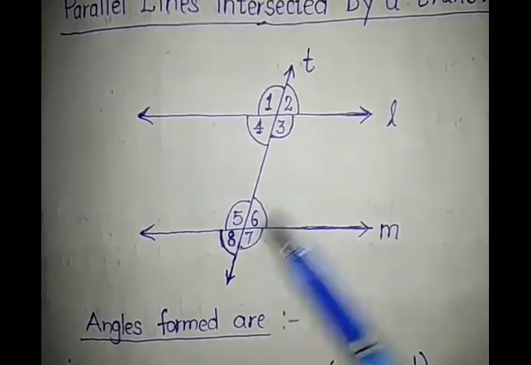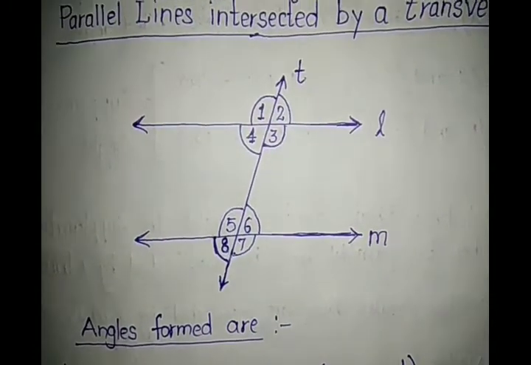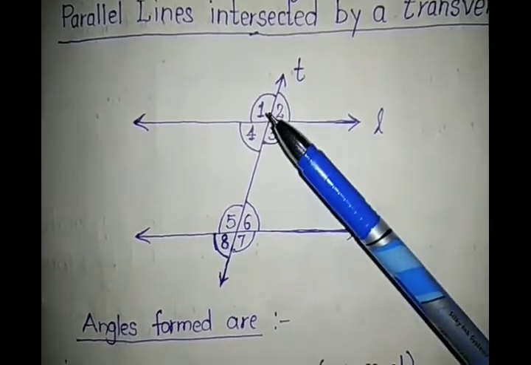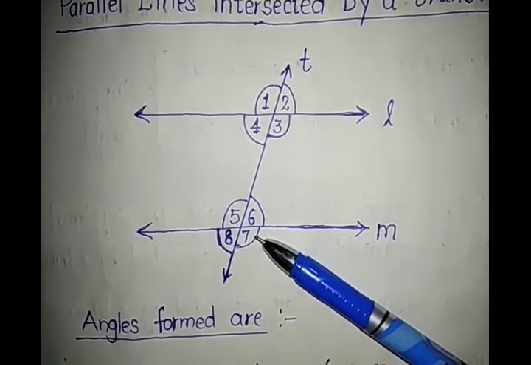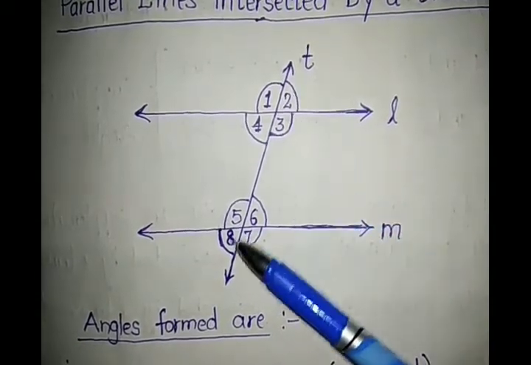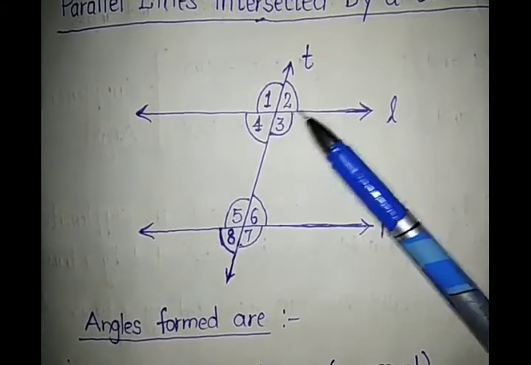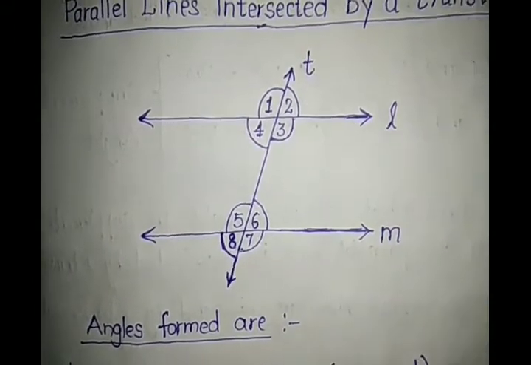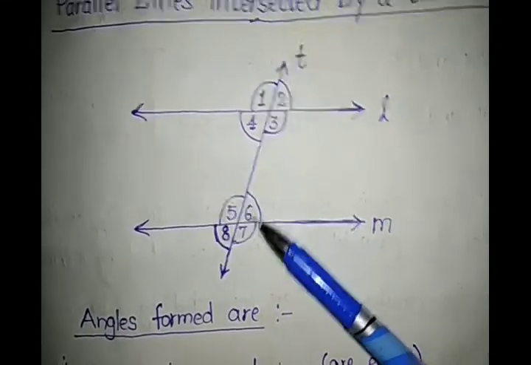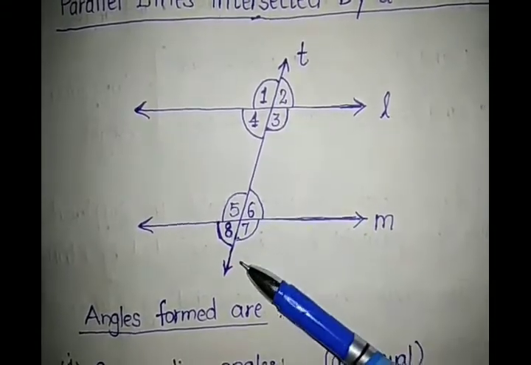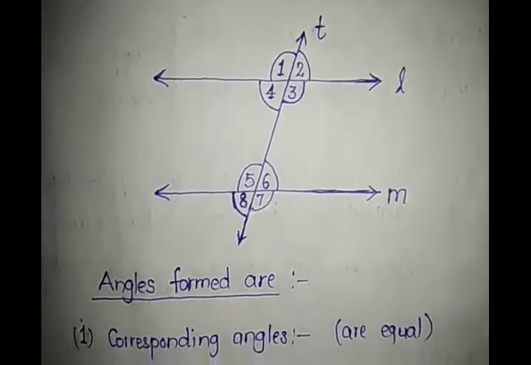So each pair of these angles is also equal, means angle 1 and angle 7 are equal and angle 2 and angle 8 are equal when two parallel lines are intersected by a transversal. Then alternate interior angles are also equal and alternate exterior angles are also equal.